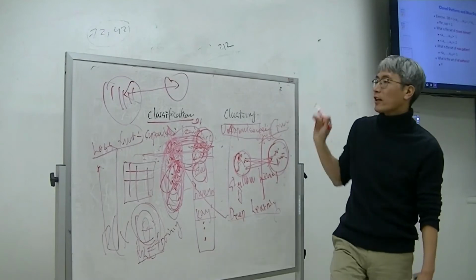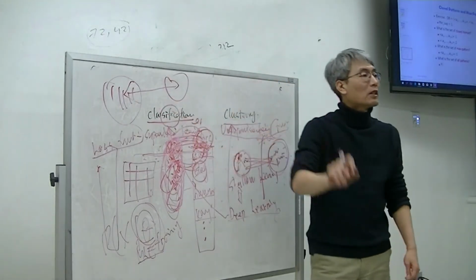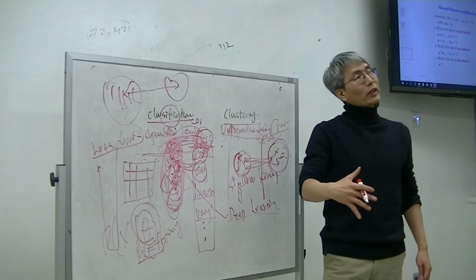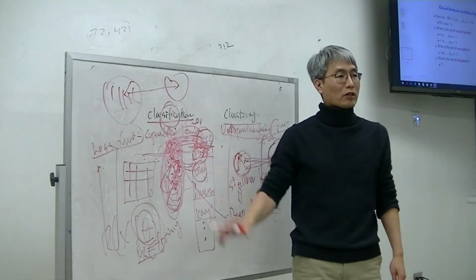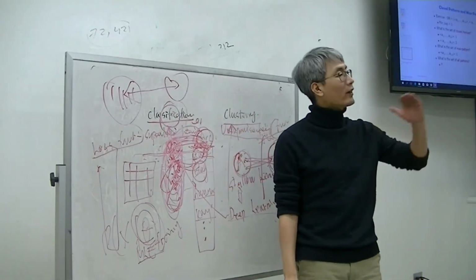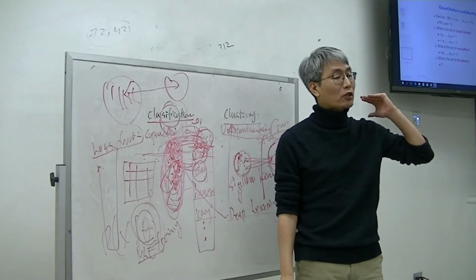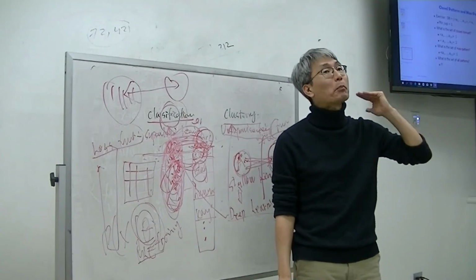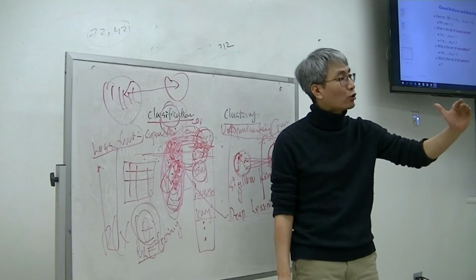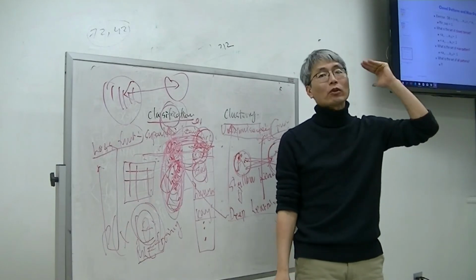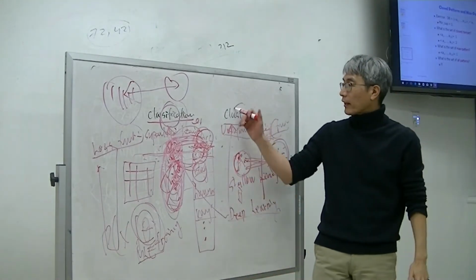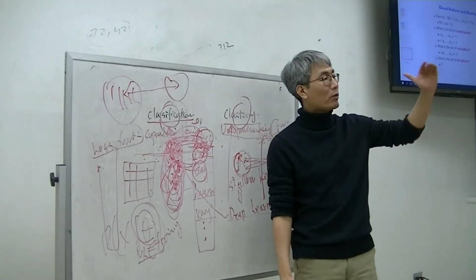So in this class we will cover, this week, next week, and the week after, the classification problem, with approaches like the decision tree, Bayesian approach, and the artificial neural network, and so on, and the clustering, the K-means algorithm.